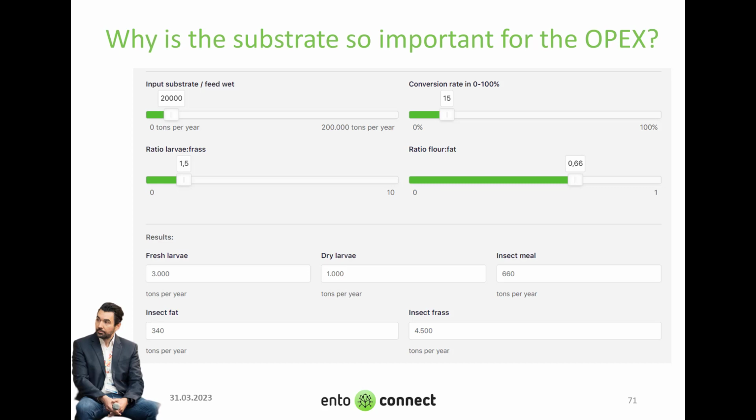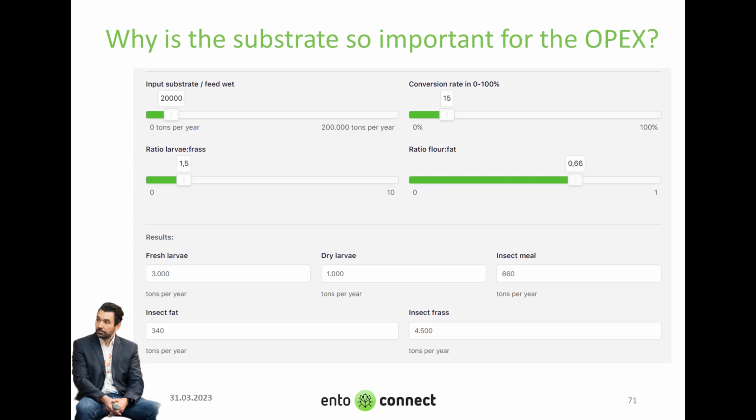We see that in comparison to a relatively small amount of end product that we are gaining, for example the insect meal and the insect fat, we have to put in a significant amount of wet substrate. Therefore, if we put a price tag to that, we really have to look closer at how to get this price tag down or how to control this process further.